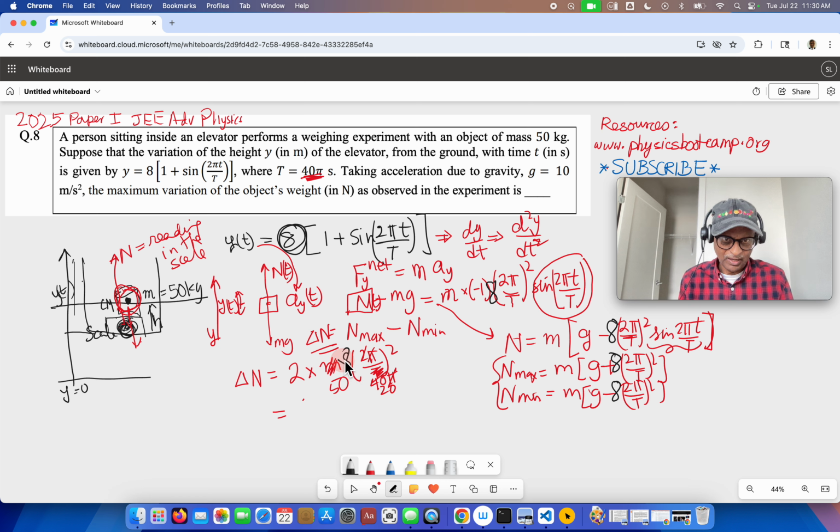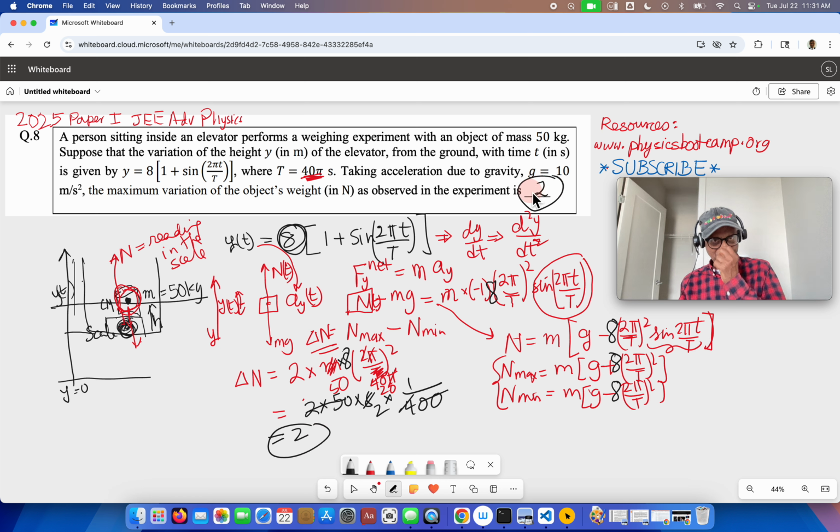So that times 8, and this, so 2 times 50 times 8, and this is 1 over 400. So this is 100, that kills it, and this kills, that gives me 2, so equals 2. So that's the answer here, equals 2.